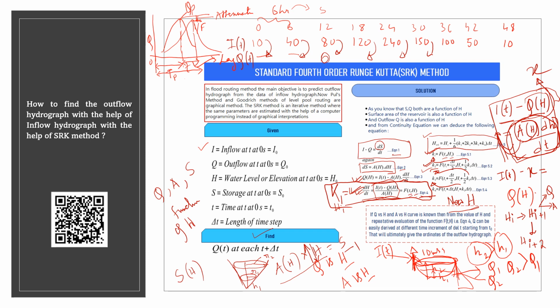And again from HI plus 2 you will get a new Q I plus 2 and a new A I plus 2. You put it in equation 4, and then you get equation 5 and its corresponding equations 5.1, 5.2, 5.3, 5.4. Then you get HI plus 3.